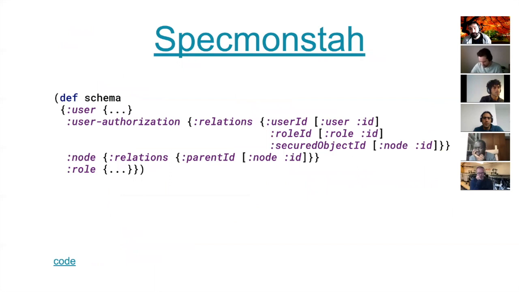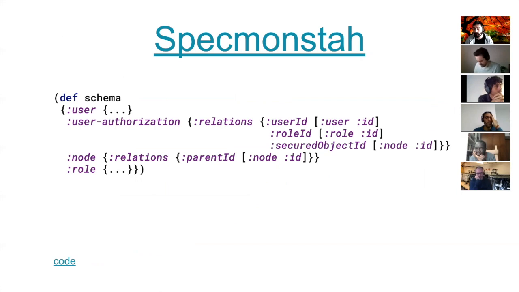Cool. Implementation of the testing. This is the first time that I use this library, called Spec Monster, or Monster, I don't know how to say it. It creates a database, and it's meant for use with databases.